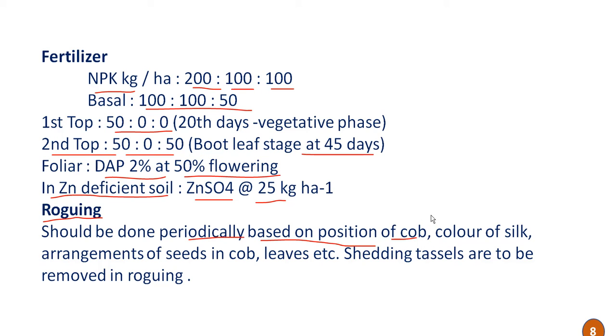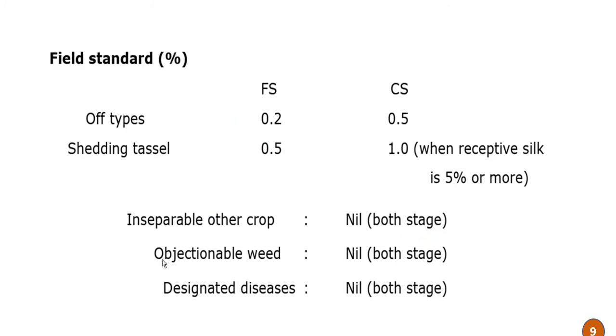Cob is the female plant, color of the silk, then arrangement of the seeds in the cob, leaves, etc., and shedding tassels are to be removed during the roguing. So while doing the roguing operation, we have to take care of these points, and the most important one is that shedding tassels must be removed during this roguing.